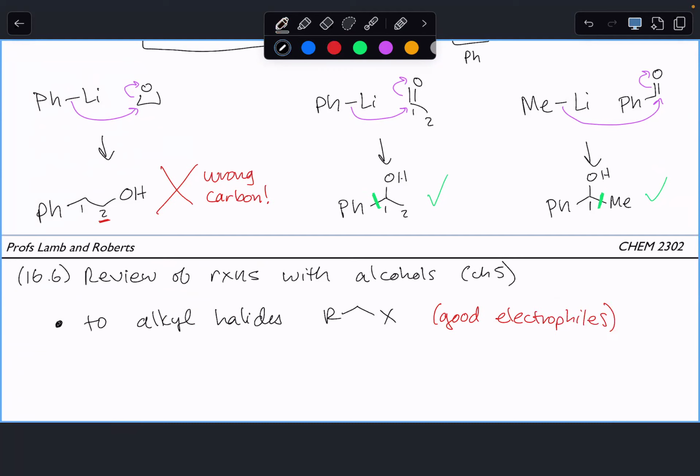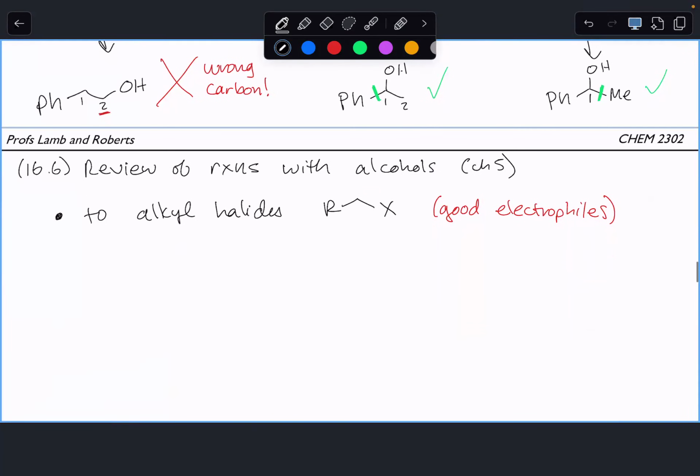So you can turn an alcohol into a good electrophile, and you learned lots of different ways to do this. If you have your alcohol, you could just use a mineral acid, HX, to turn it into an alkyl halide, where X is chlorine, bromine, or iodine. That's the generic, works-for-all-of-them kind of reaction.